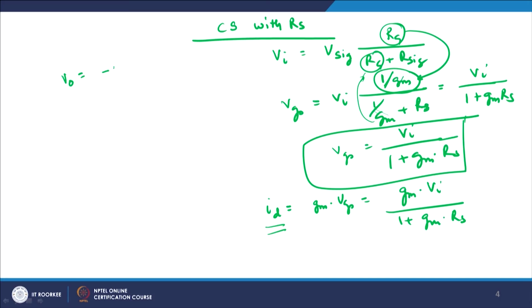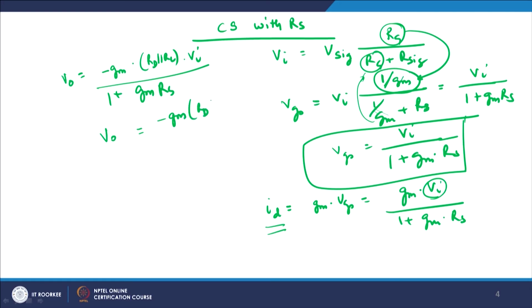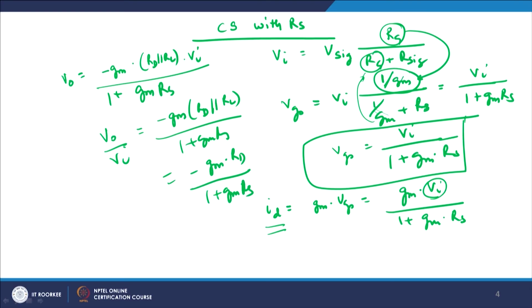So I get minus Gm into Rd parallel to RL, the output resistance, multiplied by Vi divided by 1 plus Gm times Rs, right. Therefore V0 by Vi equals minus Gm times Rd parallel to RL over 1 plus Gm Rs. So if you solve it, assuming that RL is a very large quantity as compared to Rd, I get minus Gm times Rd over 1 plus Gm Rs. This is your voltage gain.